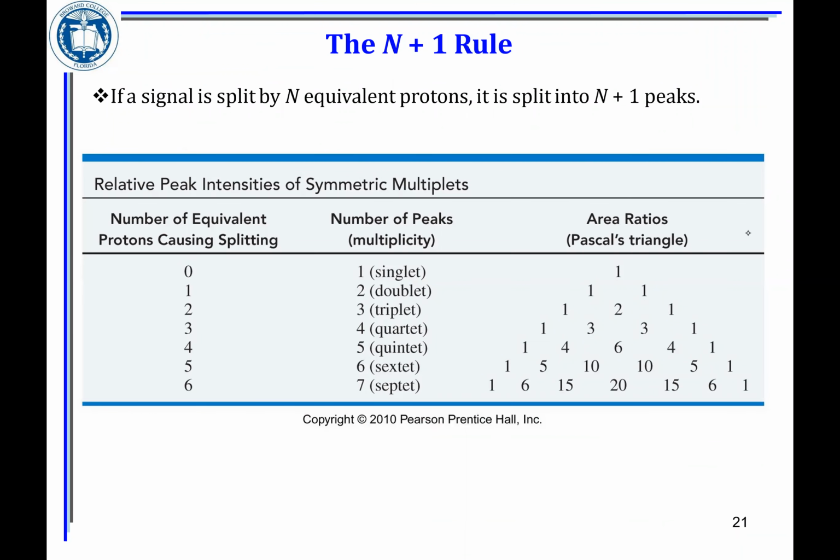So when there's a splitting pattern, you could have a singlet, okay? Then you could have a doublet. When you draw a doublet, the height of the 2 peaks are almost the same. When you draw a triplet, it's going to look like this.